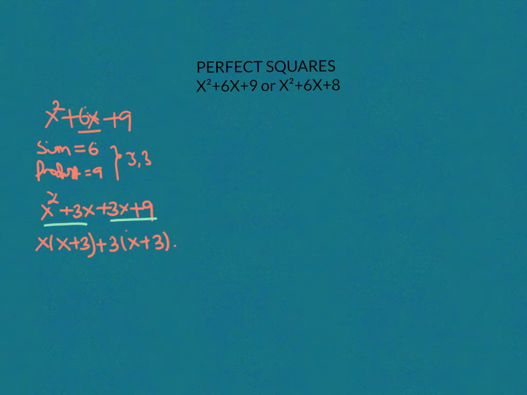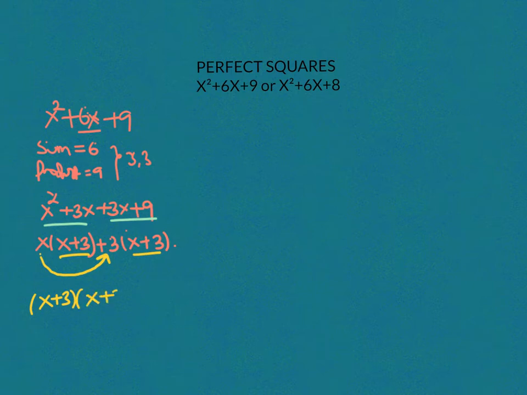Okay, so what we are going to end up with is x plus 3 into x plus 3. You notice that these two are the same, so we're just going to pick one of them.